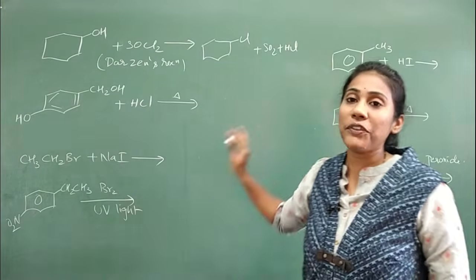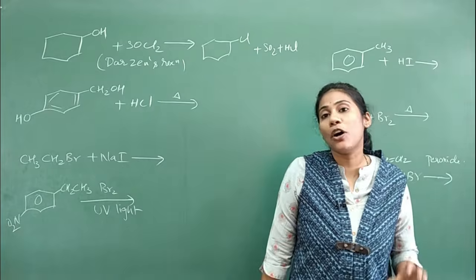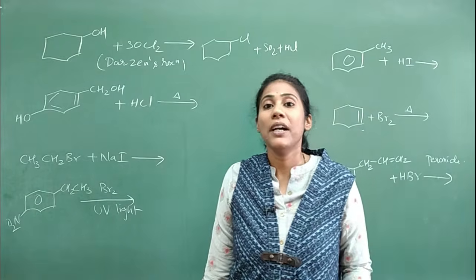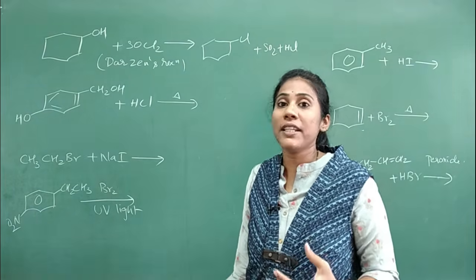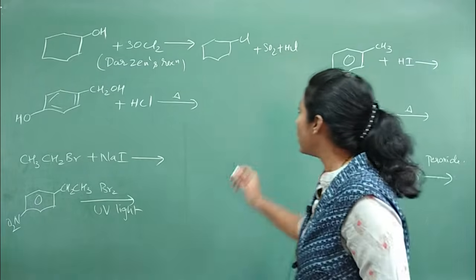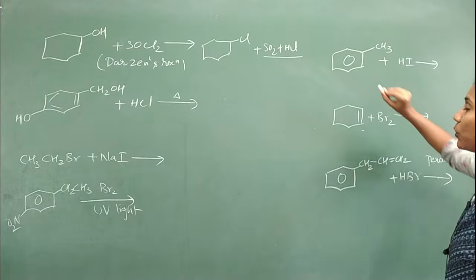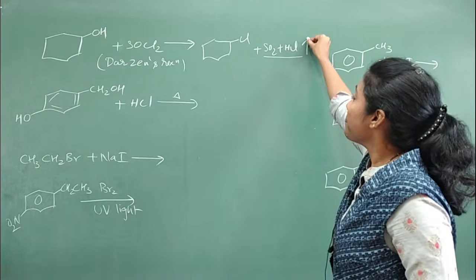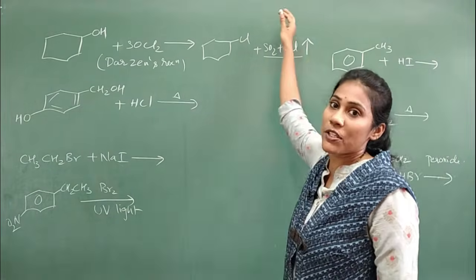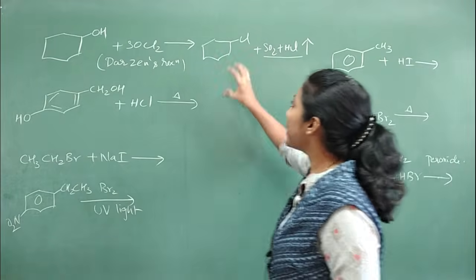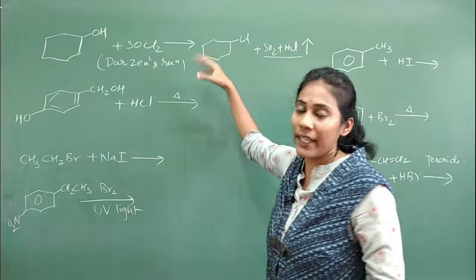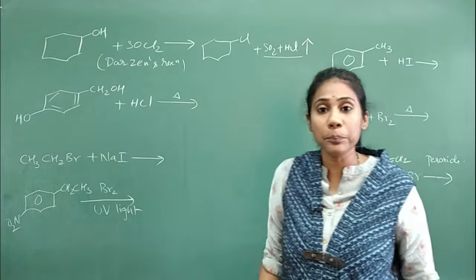So this is one of the very famous preparations of alkyl chlorides. This preparation is most suitable because the byproducts that you get, sulfur dioxide and hydrochloric acid, are gases. They can easily escape into the atmosphere, so that you will get a pure product, without any impurities.